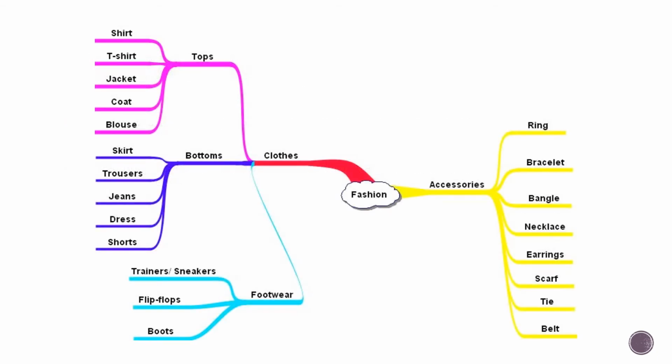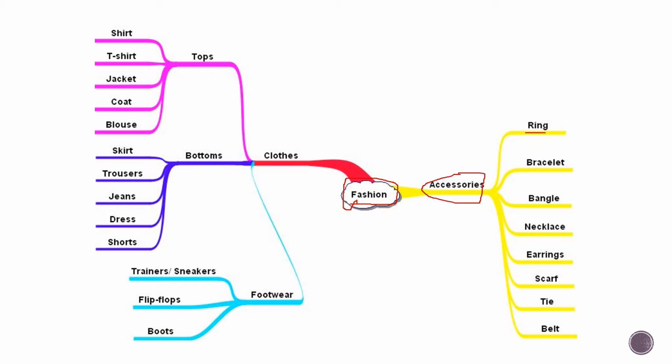So this is an example of a mind map for fashion, and let me quickly highlight what we are discussing. If you see what all things come under fashion, you're drawing this mind map, right? You've got clothes and you've got accessories. Now, when you're talking about accessories, what all can come in as part of fashion accessories?